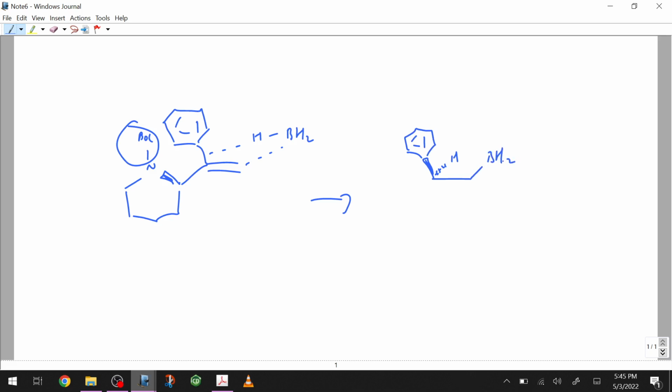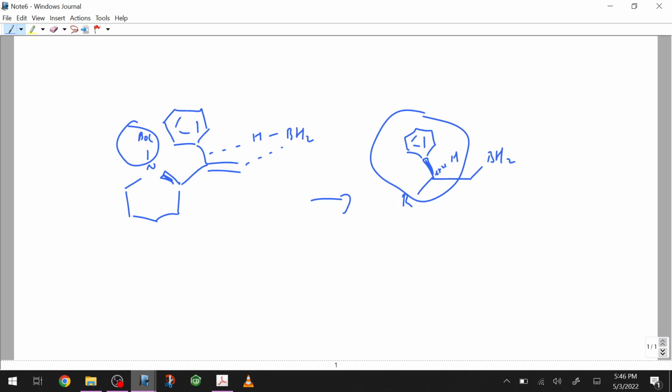So I can just draw it as the intermediate stage here, but it doesn't matter what this is now. But if that hydrogen is forced to the other face, it's going to set the stereochemistry of that carbon where the aromatic ring is attached. And that's exactly what we're getting at here, is that a large group on one face forces the attack on the alkene to happen from the other face.